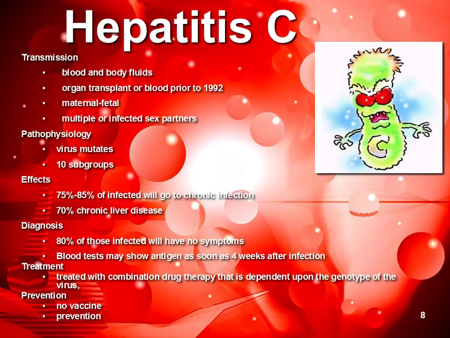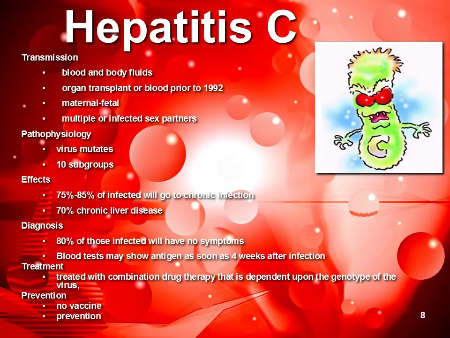Hepatitis C. Transmission. It is transmitted in blood and body fluids, just as with Hep B. Other risk factors are people who received clotting factors that were made before 1987, got an organ transplant or blood prior to 1992, receive hemodialysis, maternal fetal transmission, and multiple or infected sex partners.